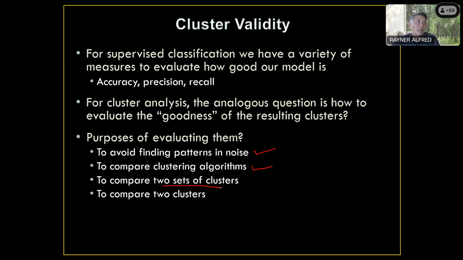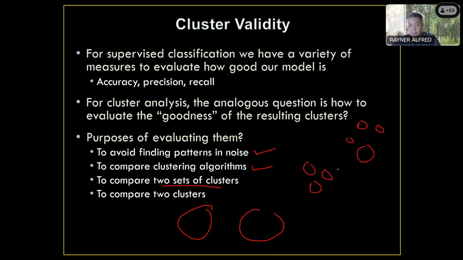One was run previously, and you run again for the next one. So how do you compare this? We can use cluster validity to compare two sets of clusters, something like this. This is one set, and this is one set.